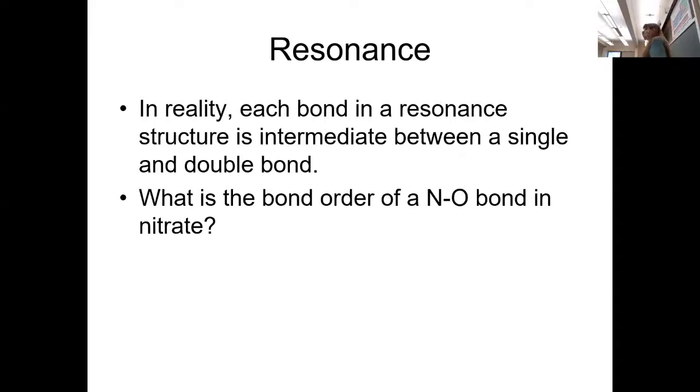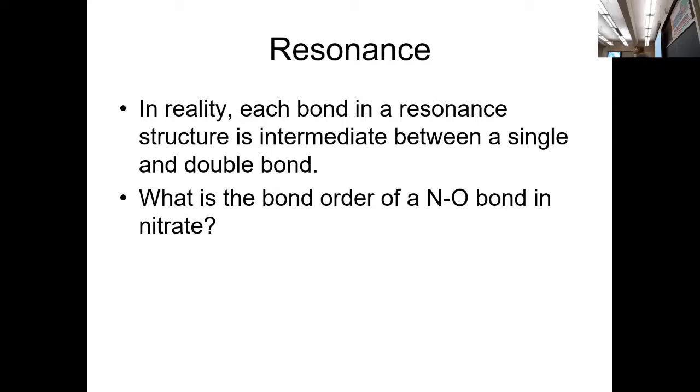So in reality, each bond in a resonance structure is intermediate between a single and a double bond. Now this can also be true if we have triple bonds in the picture. I'm just using the terminology right now as if it was between a single and a double bond. So how do we determine the bond order? Remember our bond order, we said a single bond is 1 and a double bond is 2.